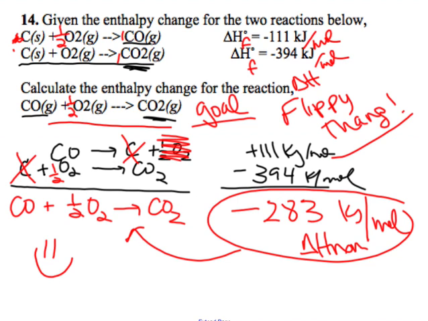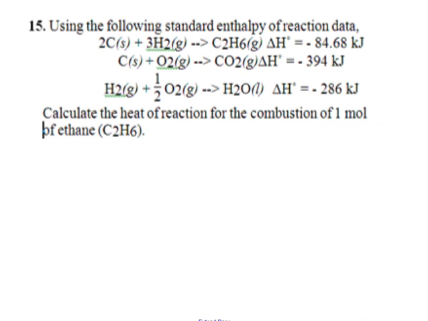All right, let's look at the next problem, and it's actually our last problem of the day. And I want to know what the big difference is between this one and the last one. So using the following standard enthalpy of reaction data, you see how all of these are forming 1 mole of substances from all the elements? So these are also heat of formation equations.